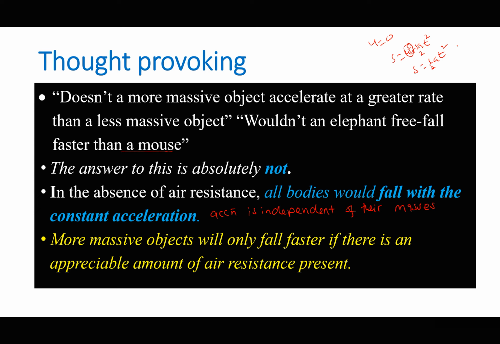So more massive objects will only fall faster if there is an appreciable amount of air resistance. If there is no appreciable amount of air resistance, they will fall at the same rate because the acceleration is independent of their masses. That is according to Galileo Galilei.